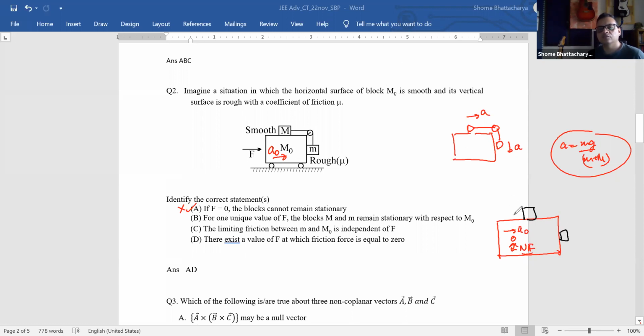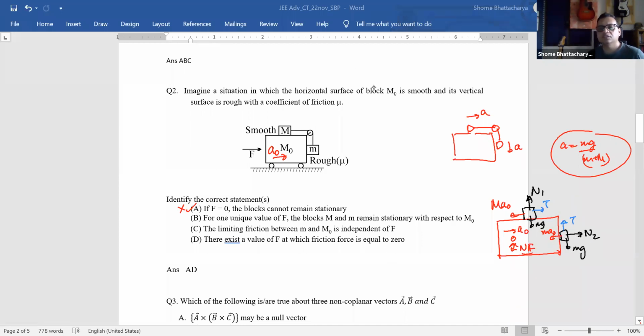They have pseudo force, then tension, then normal reaction, then their own weights, and in the case of this one, friction.